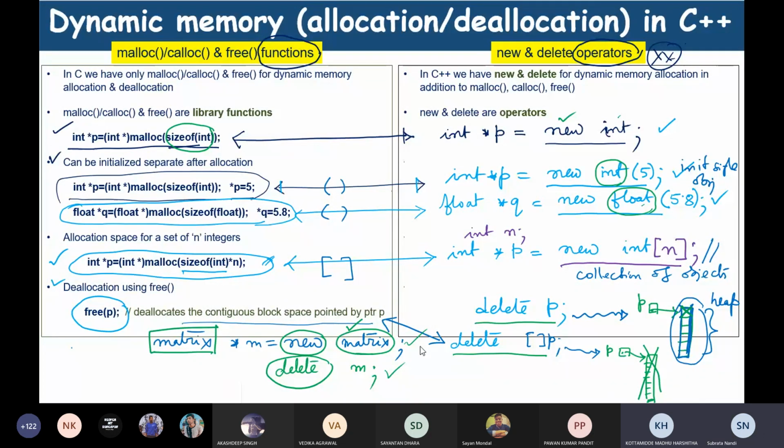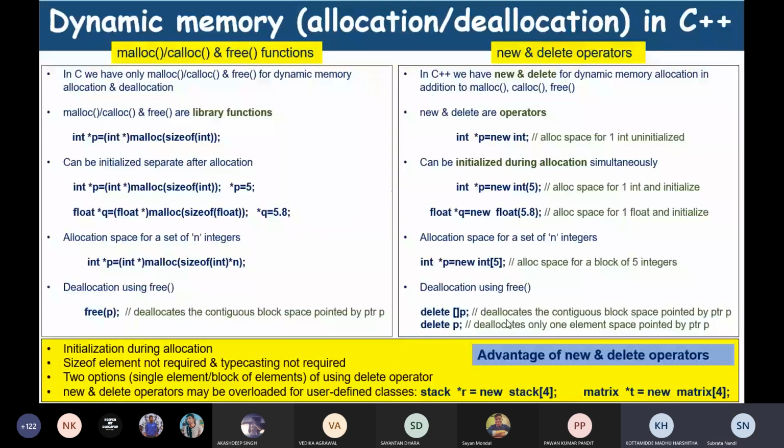So as you can see, such code is also looking more and more compact, and it is also adaptive. So the advantages of new and delete are these highlights. Initialization during allocation, size of element not required, and typecasting not required.